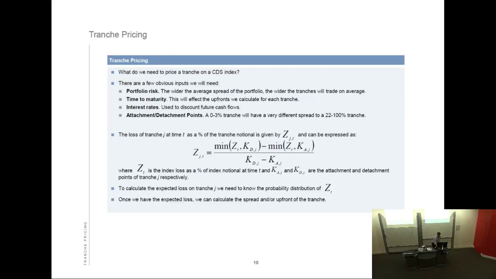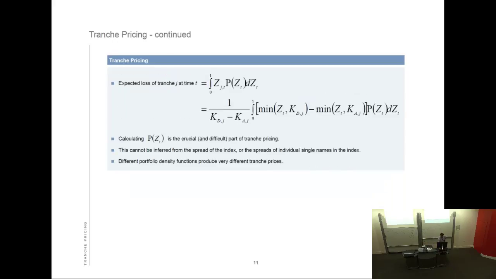So now what we want to know in a way is how risky is the tranche, i.e. what's the expected loss to this tranche. Okay, so we've got the payoff diagram of the tranche as a function of the portfolio loss.